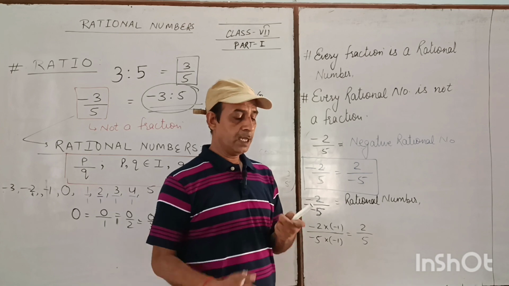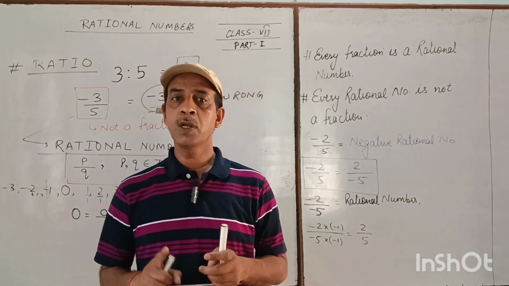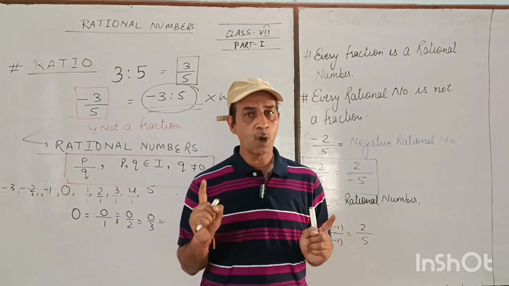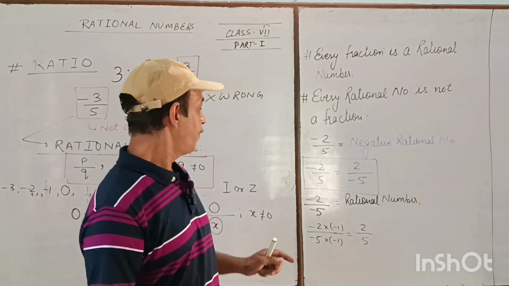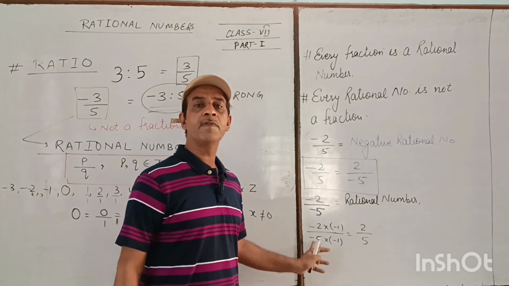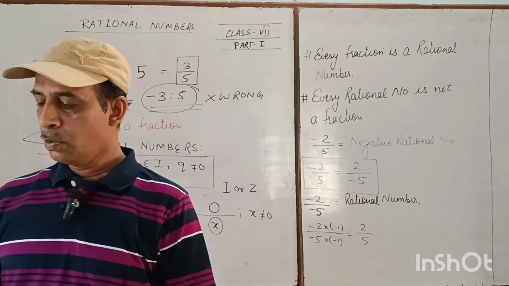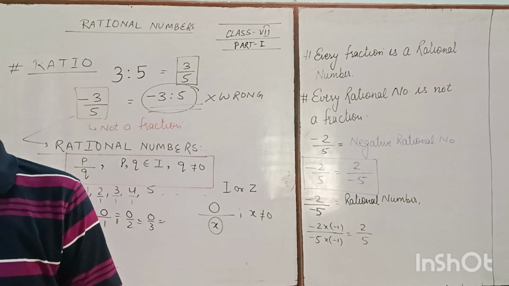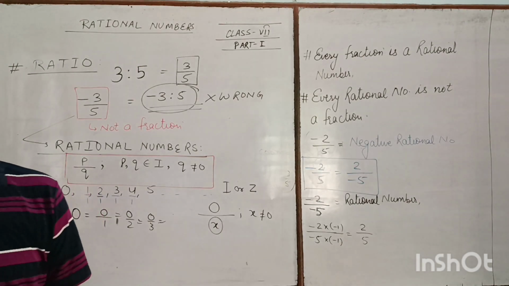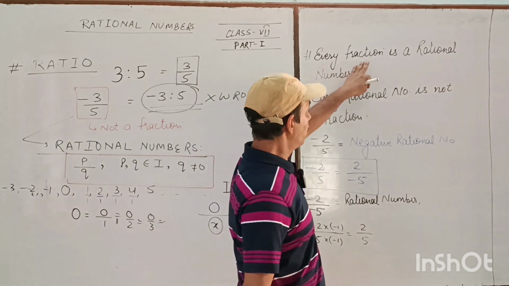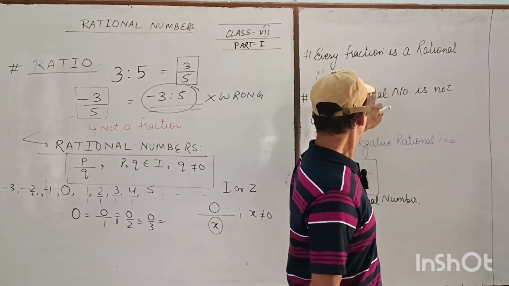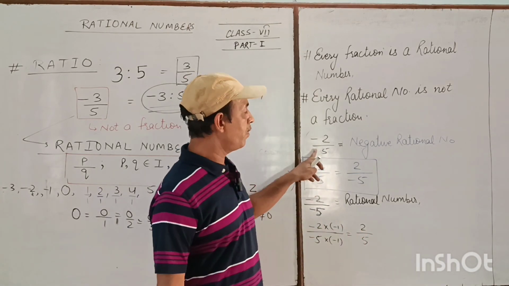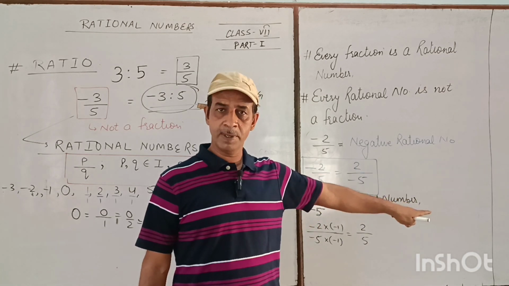If the numerator or denominator or both are negative, then it is a rational number but not a fraction. Although if both are negative, they can be made positive by multiplying by minus 1. That means all fractions are rational numbers, but every rational number is not a fraction. Minus 2 upon 5 or 2 upon minus 5 are negative rational numbers.